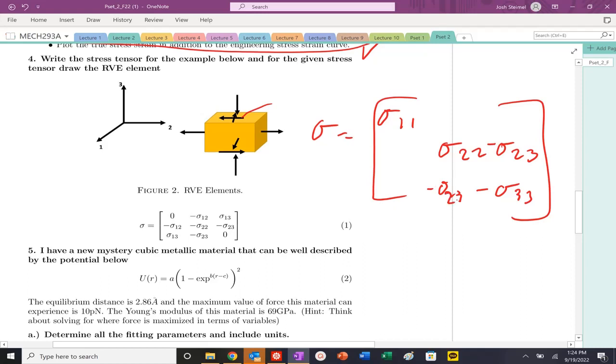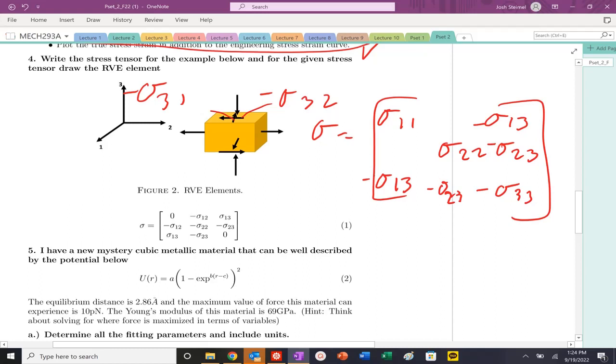I also have a normal in the 3 direction pointing in the negative 1 direction, as we can see here. So negative 3,2, negative 2,3. Again, 3 direction, negative 1 direction, so negative 1,3, negative 1,3, and that sigma 1,1 should be 0.